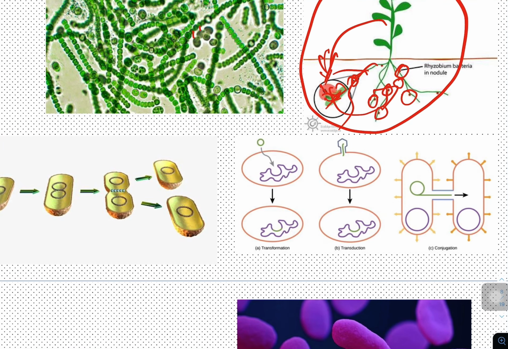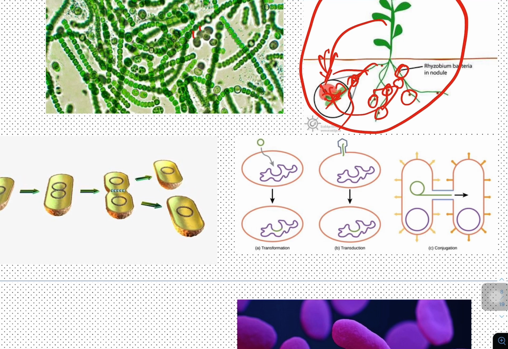In transformation, the genome of one bacterium comes in contact with and integrates with the genome of another bacterium, and hence a new cell with both integrated genomes is present. Such reproduction in bacteria is called transformation.